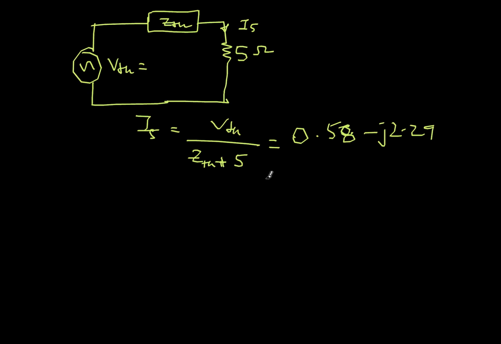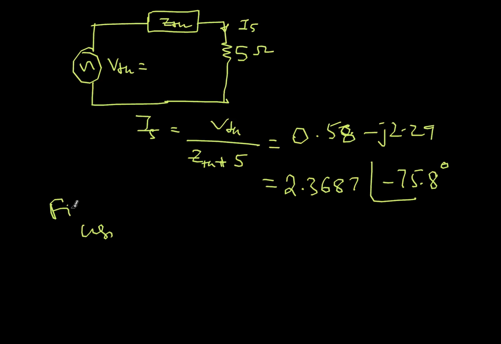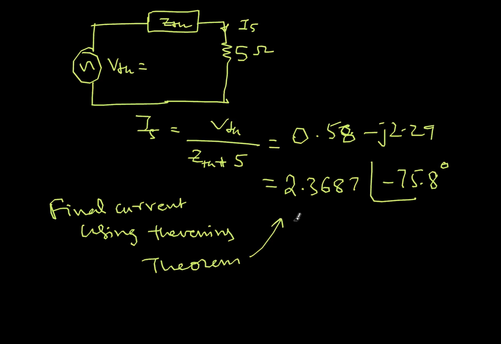So finally this is 2.3687 at an angle of minus 75.8 degrees. So this is my final current using Thevenin's theorem. So let's verify whether we got the same 2.3687 from the other one.